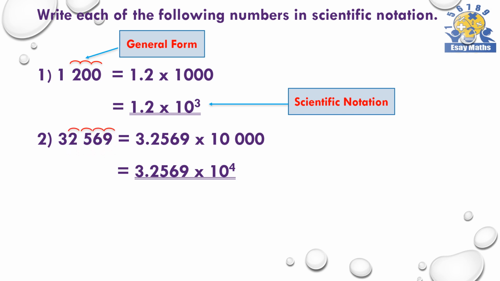Now I am going to the easiest method. It's 32,569. To obtain 3.2569, we should shift the decimal point 1, 2, 3, 4, 4 times to the left hand side.